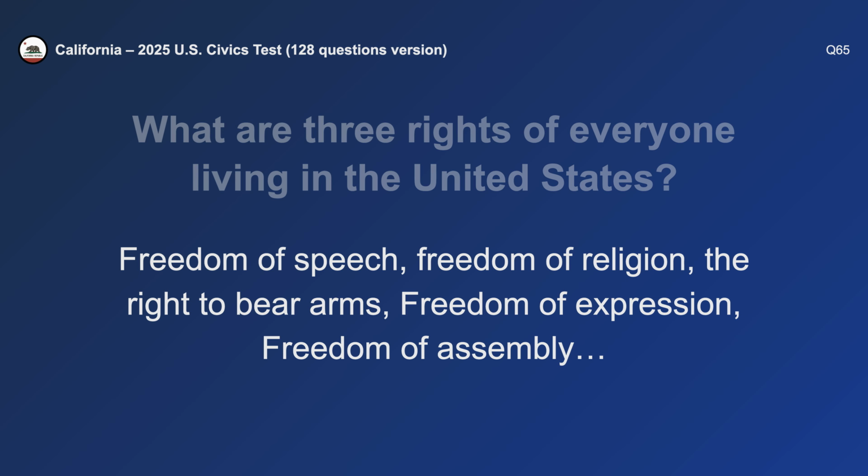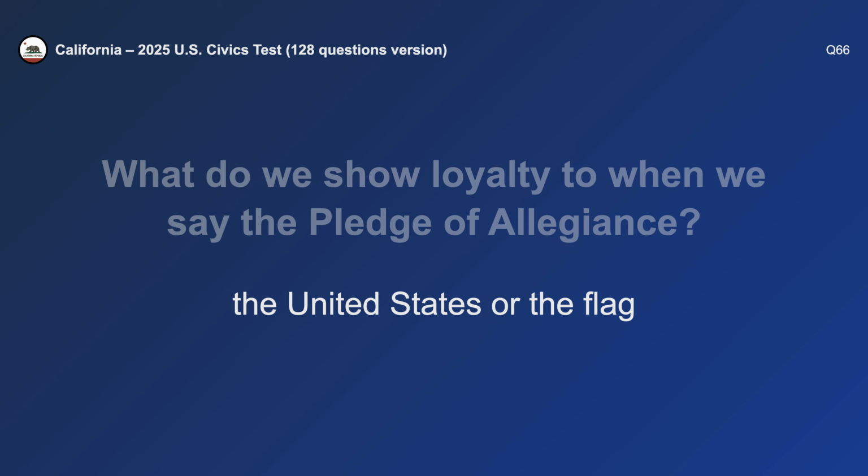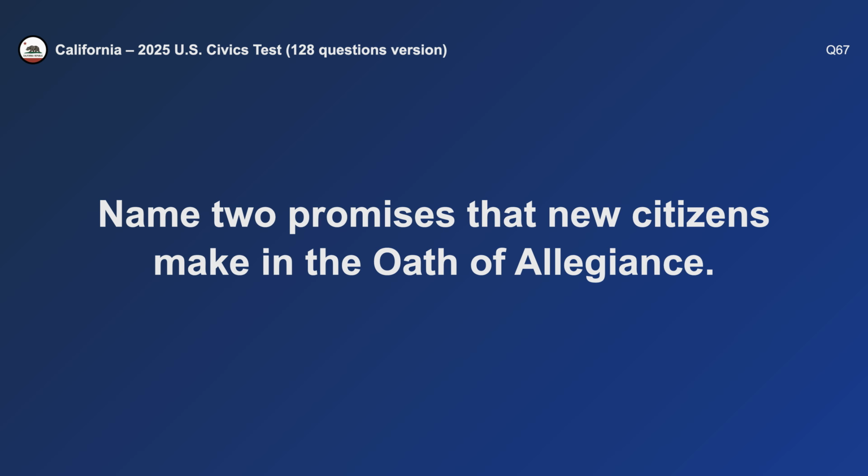Freedom of speech, freedom of religion, and the right to bear arms. What do we show loyalty to when we say the Pledge of Allegiance? The United States. Name 2 promises that new citizens make in the Oath of Allegiance.